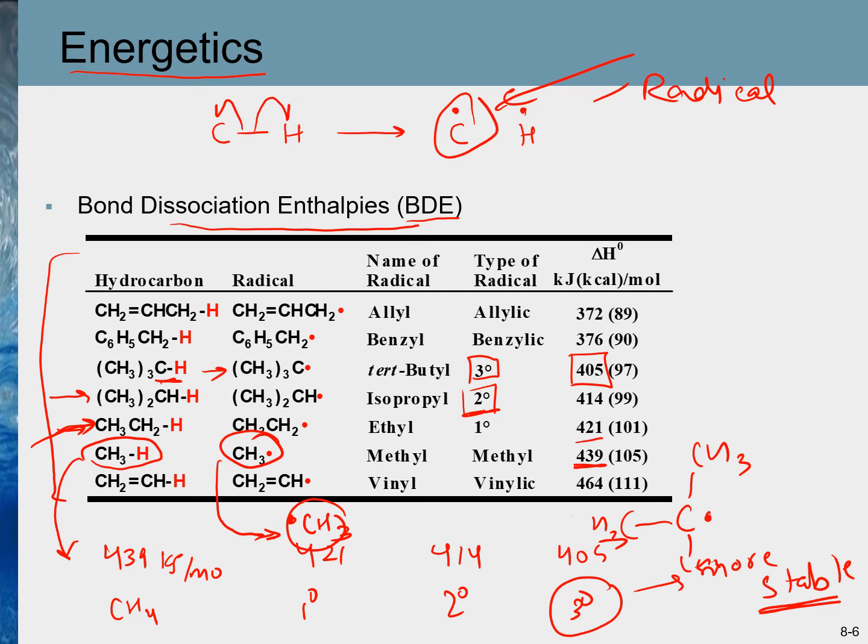So the stability order is tertiary radical is more stable than secondary, secondary is more stable than primary. Doesn't it look similar to carbocation order? In carbocations also tertiary was more stable than secondary, and then primary was the least stable. And of course methyl is also the least stable. So the carbon radicals follow the same stability order as carbocations.